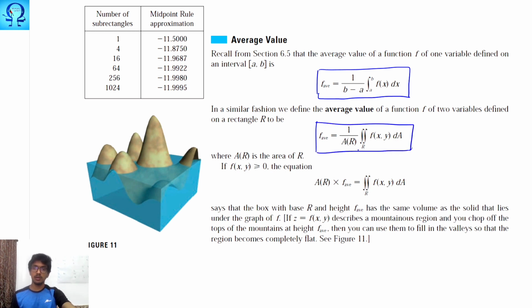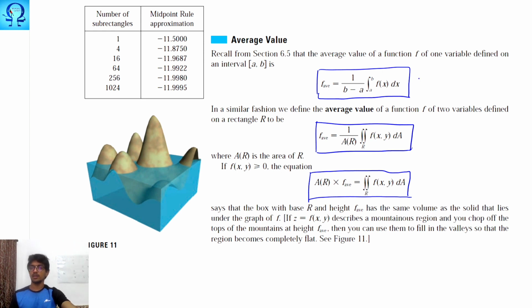And from here, what we can write is that the average value multiplied by the area of the rectangle is going to be the integral value whenever your function is a positive valued function. Fine. If the function is not a positive valued function, the integral value may not be positive, right? Only for positive valued functions this is possible.